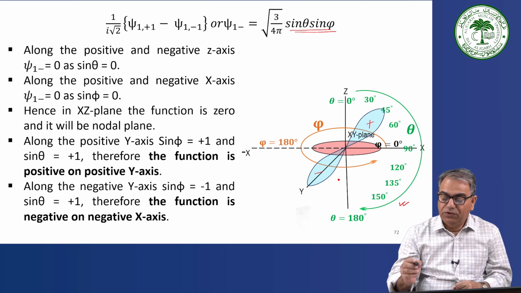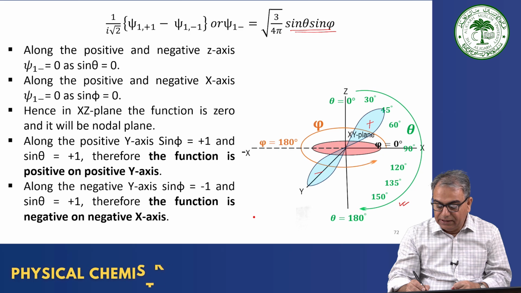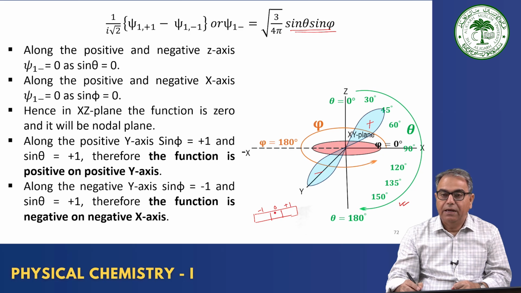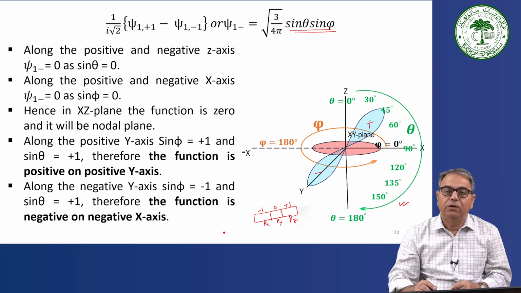So whatever you write, when you start writing your p orbital with boxes like this one, and you write minus 1, 0, plus 1, and then you write px, py, pz, then you are wrong. Py is not magnetic quantum number 0.